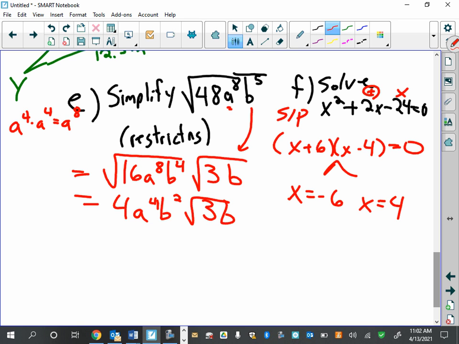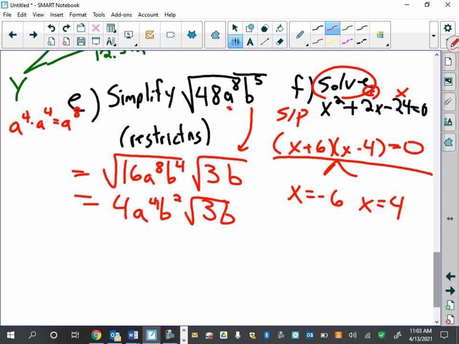Solve each bracket equal to 0. Remember that kind of? That might be the thing you don't remember the most, because we didn't do it very often. But if you just factor it, you're going to get 1 out of 2. If it's a solve question, and it would only be a solve question one time, you have to do 2 steps. You have to factor it and give me the answer.